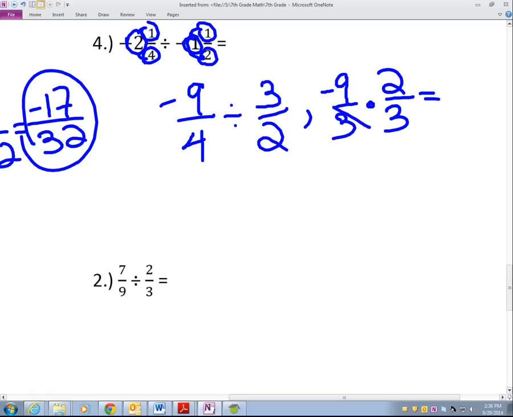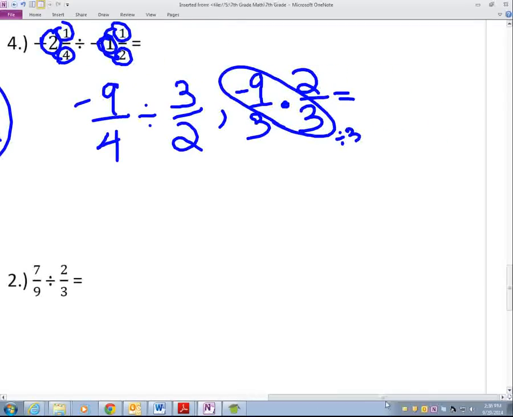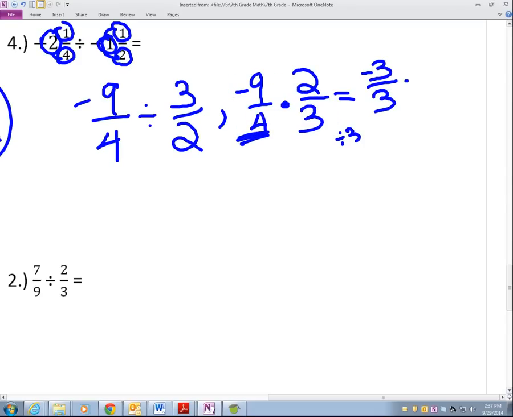This one here, we could do cross simplification, divided by 3. Yes, 4.